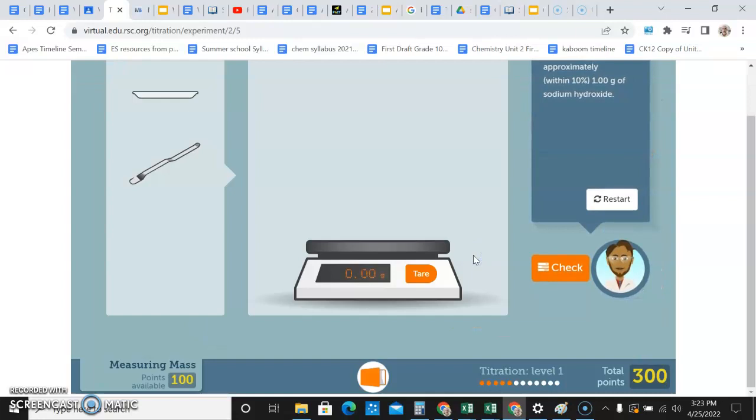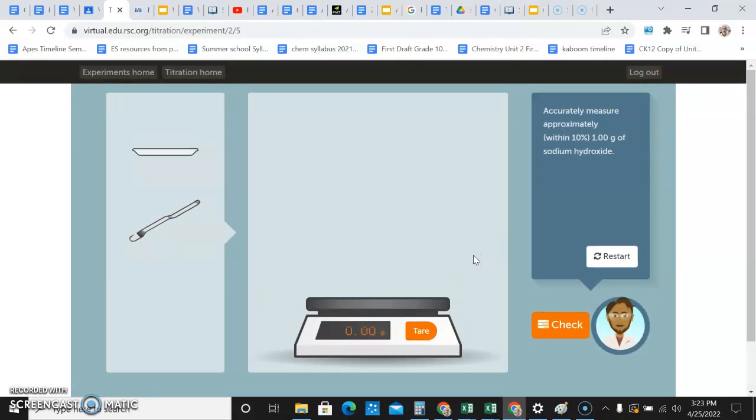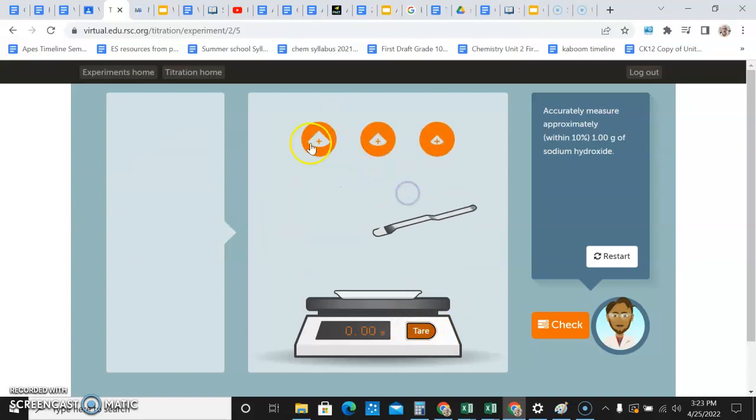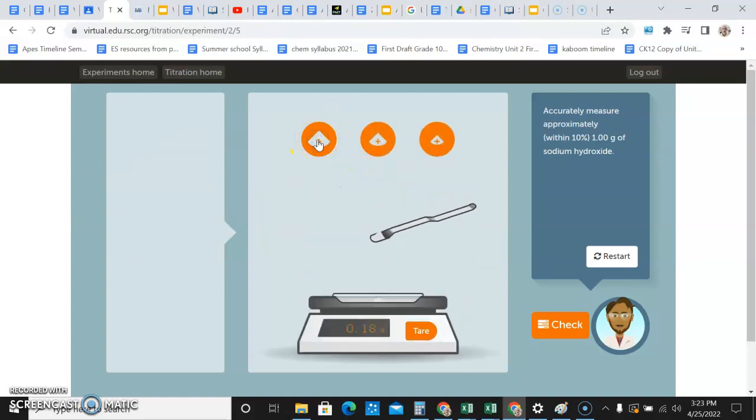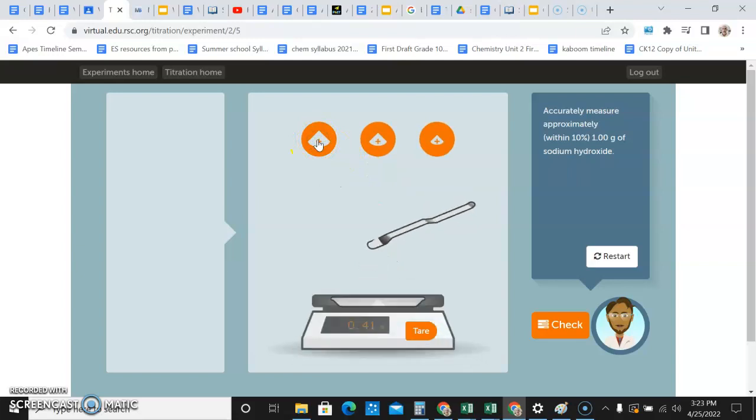Okay, great. So this is the bit we want to do. It's going to ask us to do our titration. They're looking for 1 gram of sodium hydroxide. So we'll measure out our 1 gram.